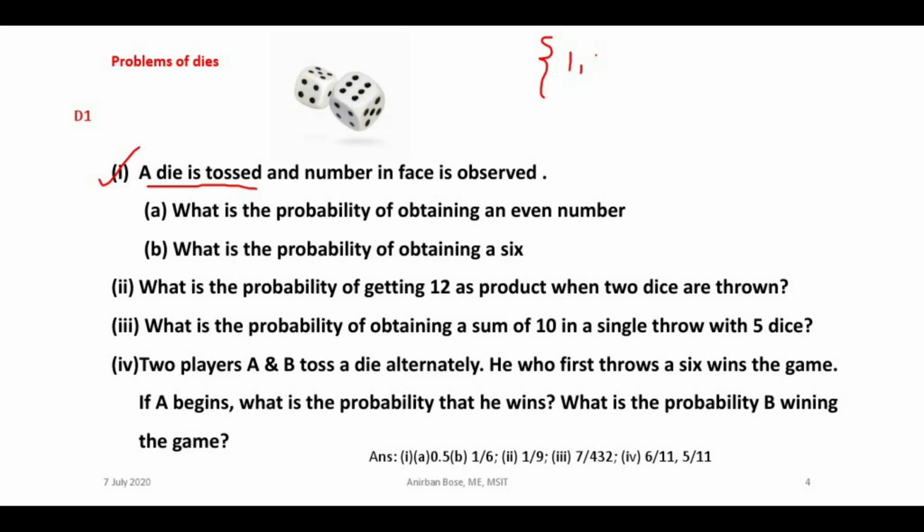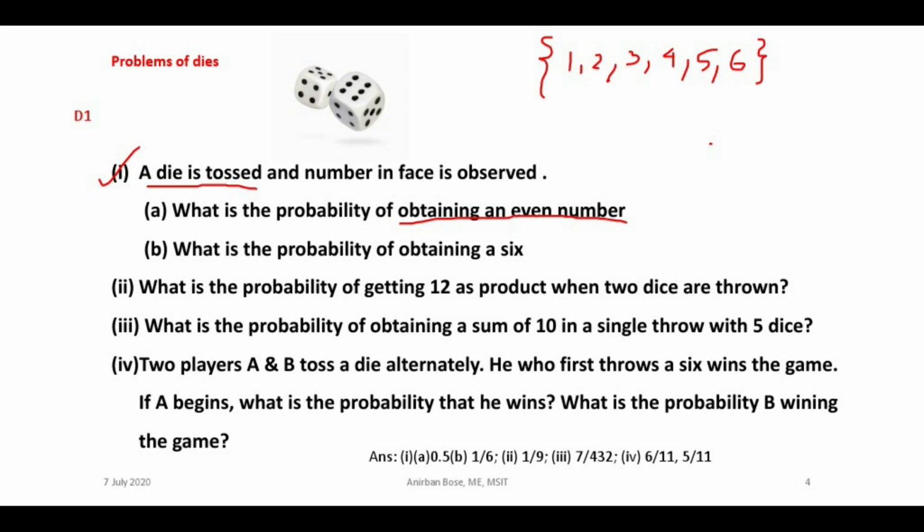Definitely it can be 1, or 2, or 3, 4, 5 or 6. So this is the sample space of this random experiment. Now what is the event here? The event is to find the probability of obtaining an even number.